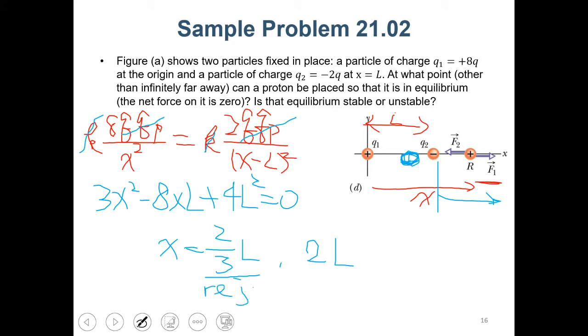Because when you calculate here, x minus L is negative, so it is a root which is not suitable for this case. But for the second root, it is okay. We can place it at 2L. So this is the answer for this problem.